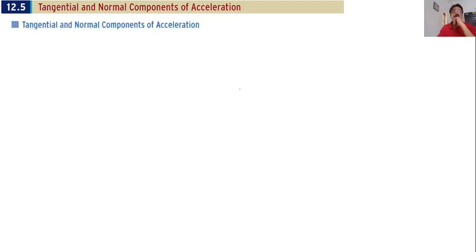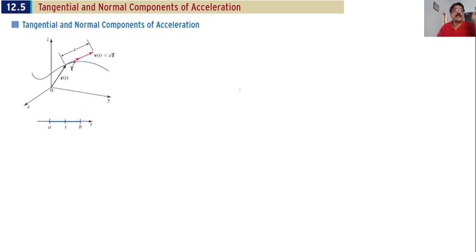Now we discuss tangential and normal components of acceleration. We imagine an object is moving in space. At any instant t, assume that the object reaches here and it has a velocity, or the tangential vector, v(t), which is given by v into T, so that we can prove v(t), velocity at any instant t, is given by v into T, where v is the speed of that velocity.